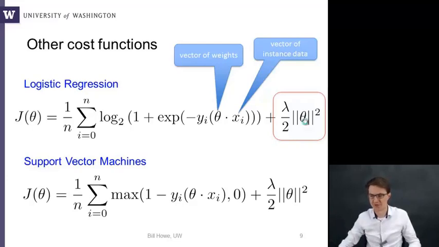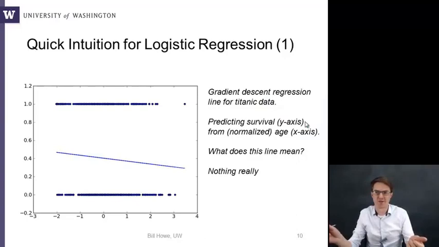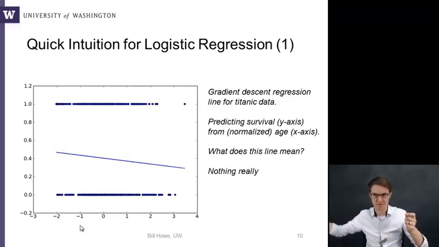Okay. So logistic regression, just a quick intuition for what's being accomplished here. If you try to take our regression procedure that we just described and apply it to, say, the Titanic data set that we were looking at previously, you might end up with something like this. Here I've got the x-axis, which is age, and I've scaled this data down so it ranges between about -2 and 3 as opposed to 0 and 85 or so, which is the ages of the passengers.